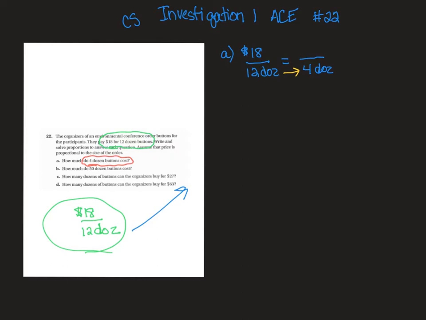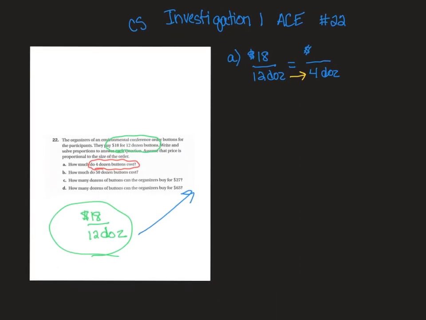And so up here is going to be money. So I know that if I divide 12 by 3, I will get 4. And now I can divide this by 3, which means because if I do the bottom, I have to do the top. I'm dividing by 3, and my answer is going to be 6. So that answer is 4 dozen it will be $6.